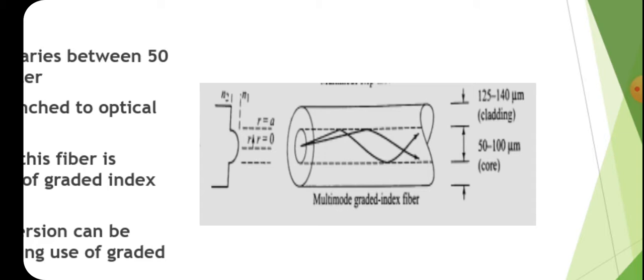It is highest at the central point of the core, and it will be decreasing towards the core cladding interface. And here it is shown that it will be changed in a parabolic manner from the center to the core cladding interface. Okay.